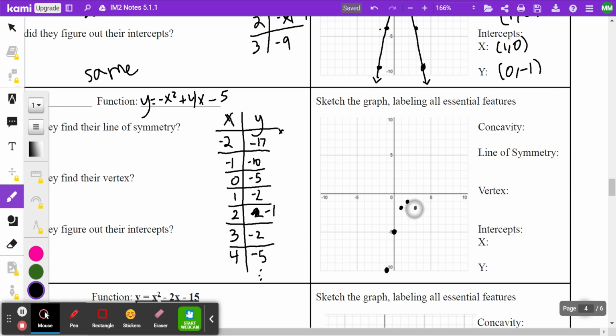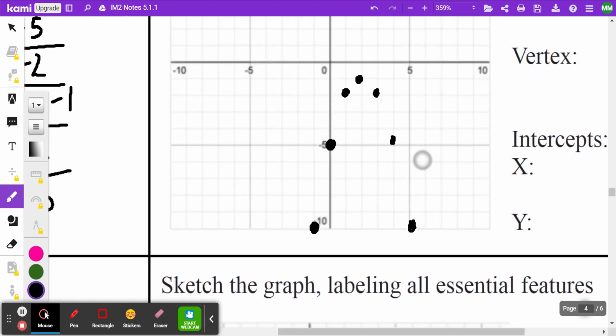And then we have symmetry. Okay, and I'll connect this with a smooth curve. Trying to make that look curved and not pointy.